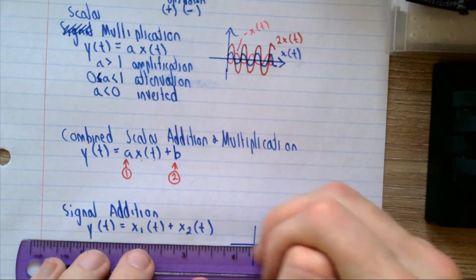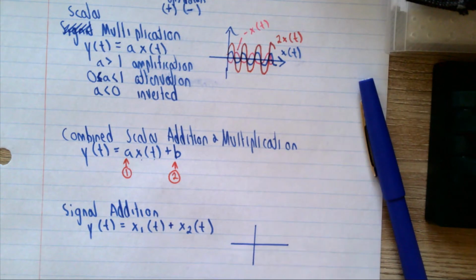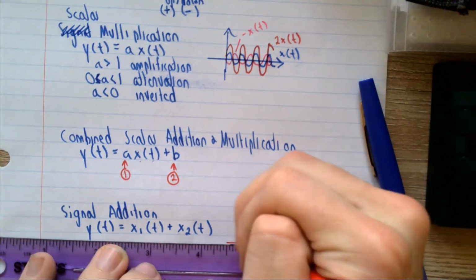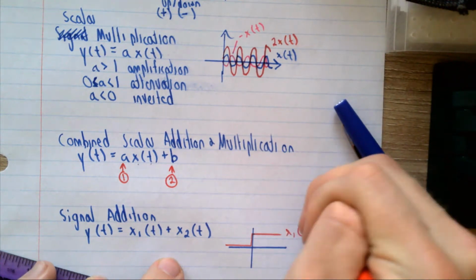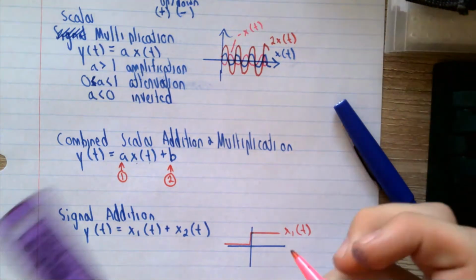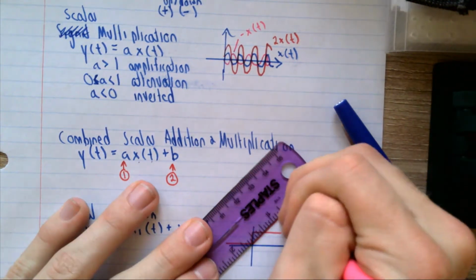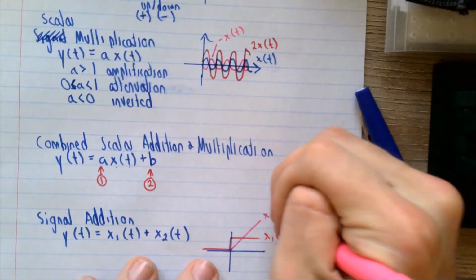I'm just going to have a unit step function here for my x1 of t. And then I'm going to have a ramp for my x2 of t. So how do we add these together?